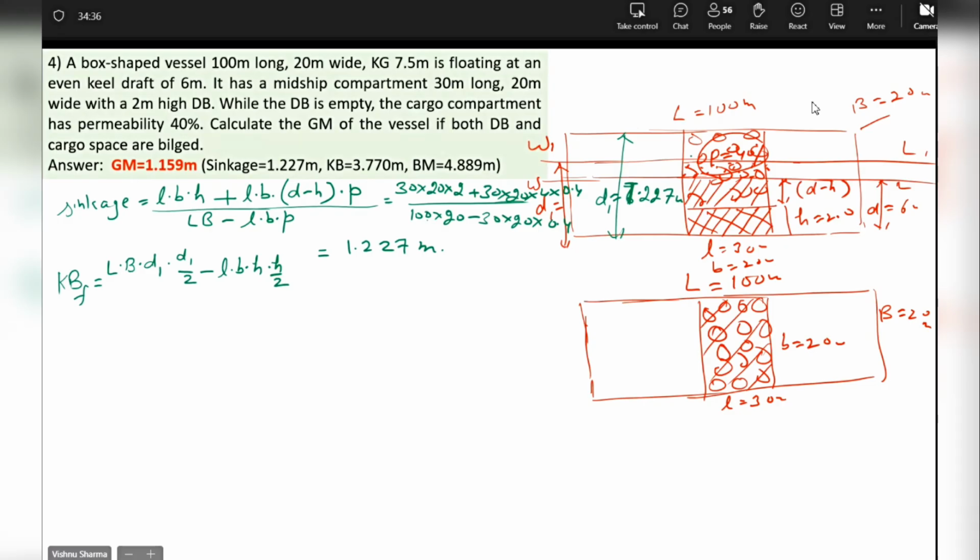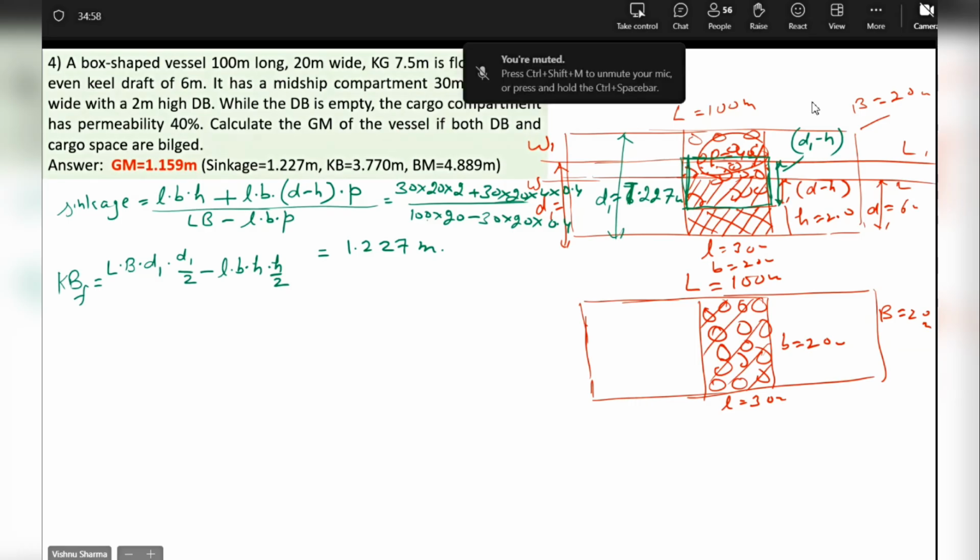Besides that, you have also this underwater volume which I am bounding by a green line in the diagram, whose height is D1 minus H, which is also partially lost. What is that volume which I have bound by the green box, which is under the water but not contributing to buoyancy? Let me first write the volume.